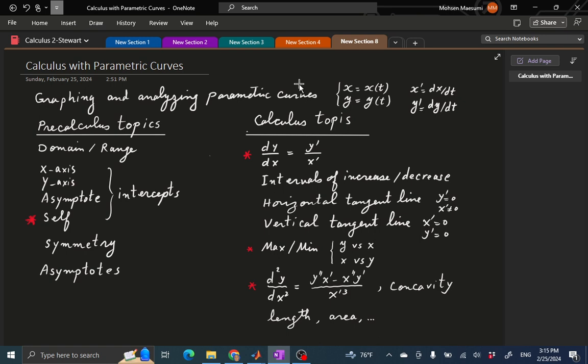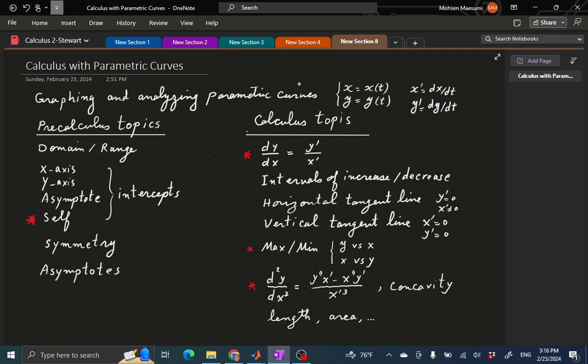You're going to perhaps come across issues of intervals of increase and decrease, where the tangent line might be horizontal, where the tangent line might be vertical. Finding maximum and minimum, typically when y is considered versus x, that is locally y is a function of x, where is the maximum, where is the minimum, and vice versa if you consider x versus y.